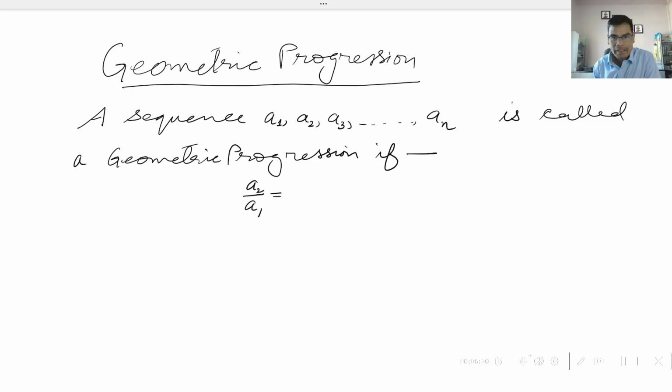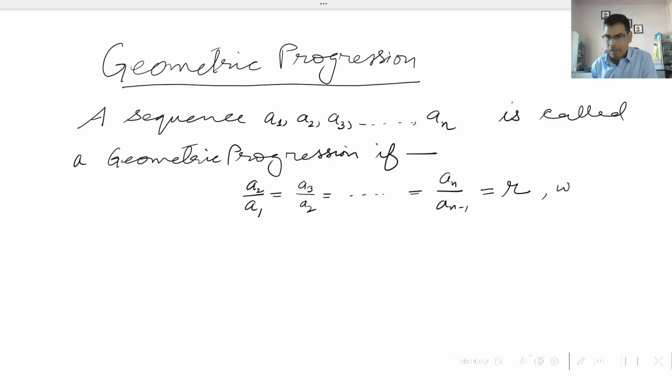So second with first, then third with second, and so on till you reach the last term with the term before the last term. If each of these ratios is equal to a constant value, which we denote as R, then such a sequence is called a geometric progression.